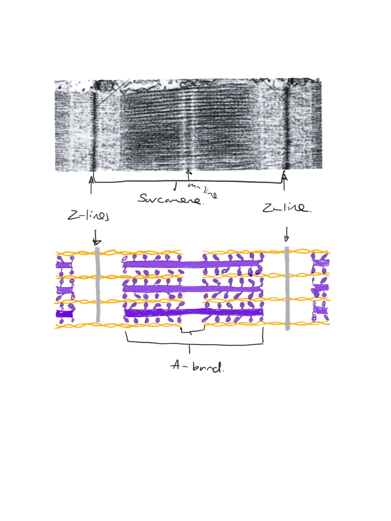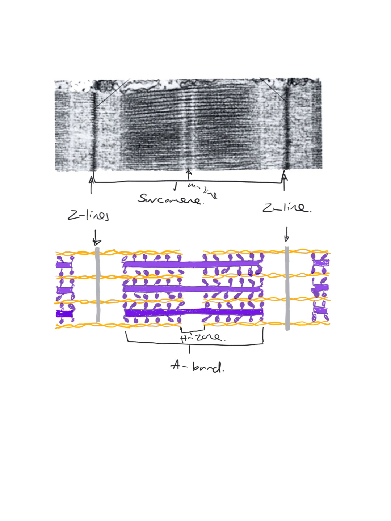That is going to get bigger and smaller dependent upon whether the muscle is contracted or not. So I'm going to write in there your H zone. That zone is going to increase and decrease in space dependent upon the level of contraction of the muscle that is taking place. So we have highlighted our A band.